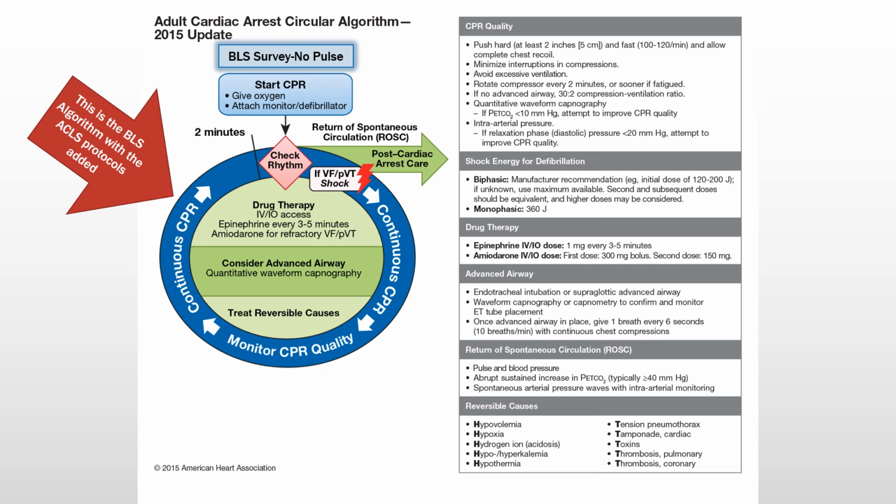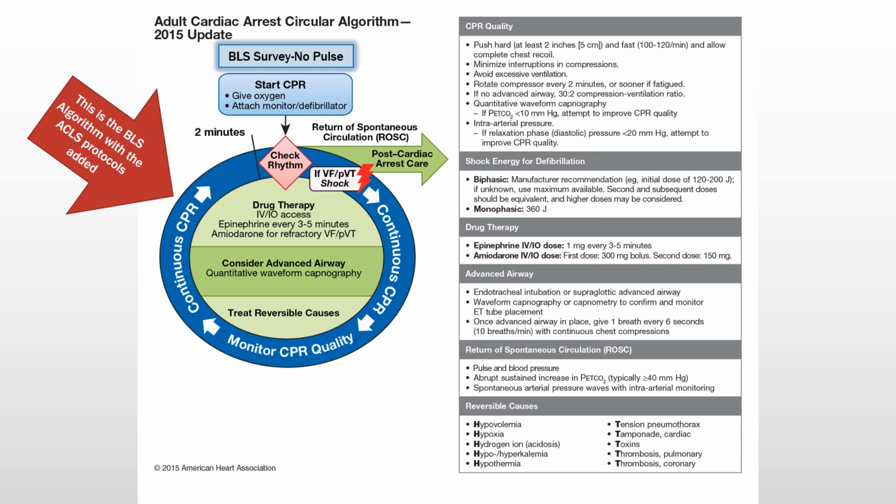We would change how we deliver compressions and breaths. We would switch from 30 to 2 to continuous chest compressions with no interruptions, and then through the advanced airway deliver 1 breath every 6 seconds, which becomes 10 breaths per minute. So we don't have to count as we do compressions when we have an advanced airway because we're going to do continuous chest compressions.